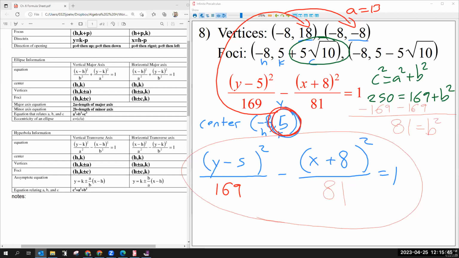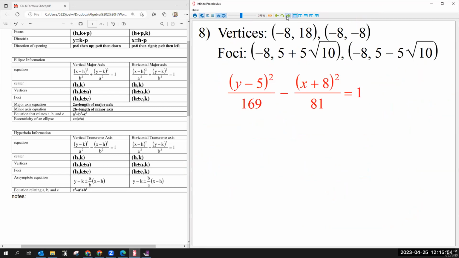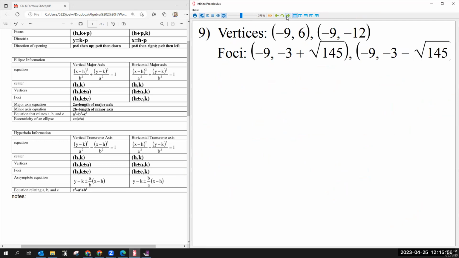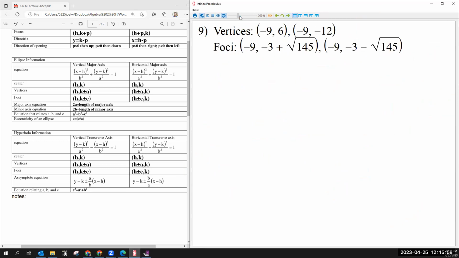Did we finish number 9? So then this was another one that was vertical.